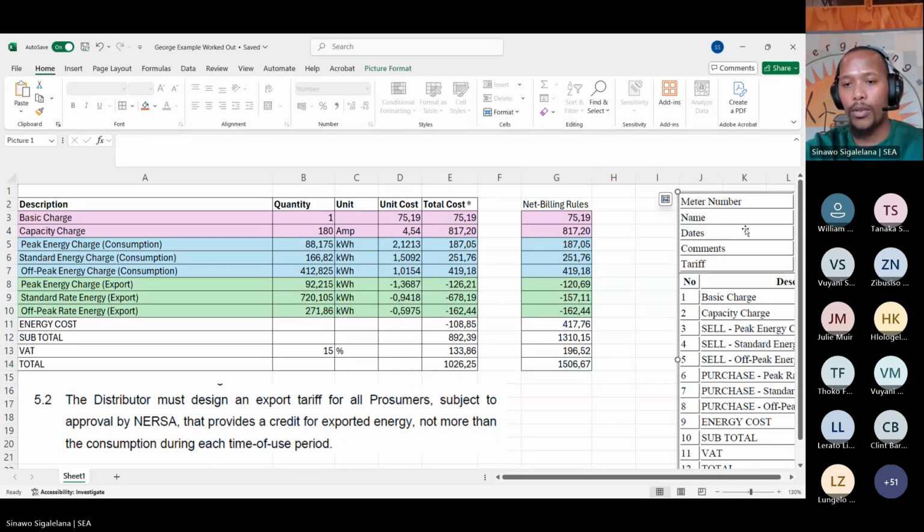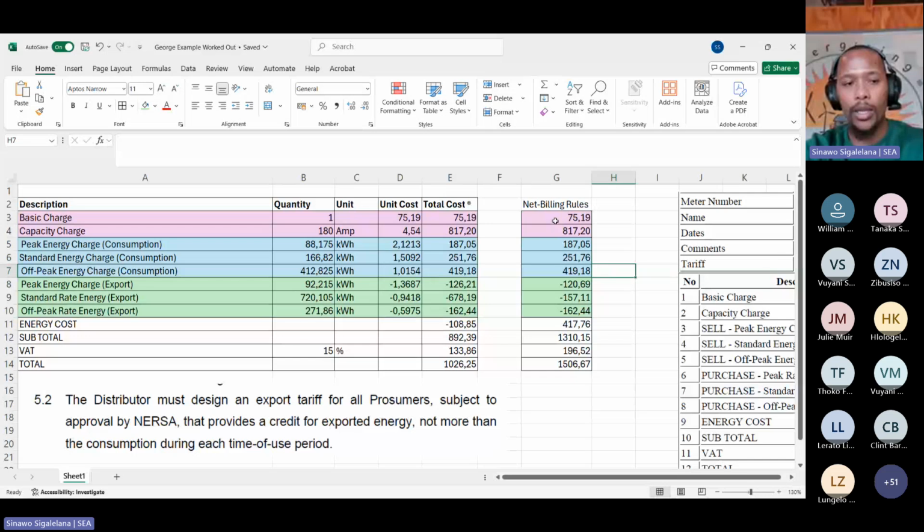So, colleagues, are we together? So this is a bill. Yes, sir. No, it makes sense. Yes, bill, one customer pays fixed charges, pays a basic charge and a capacity charge, right? Then on a time of use basis, they have energy charges for their consumption. Then they get credited also on a time of use basis, based on the screenshot I have here.